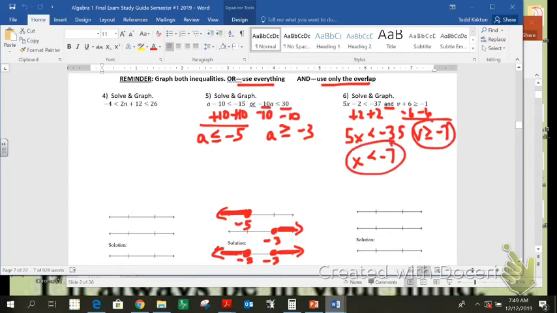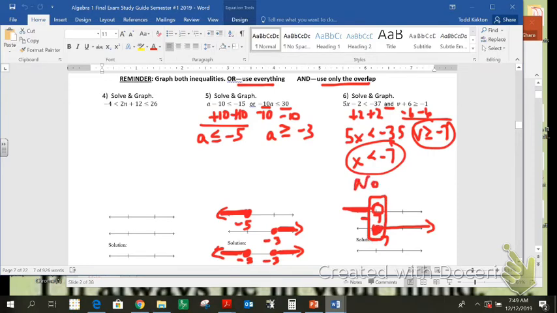So this is a tricky one. I only have negative 7. So I'm less than negative 7 this way, and I'm greater than or equal to negative 7 that way. So we're looking for where they overlap. Well, the only place they overlap is negative 7, but this one includes negative 7, this one doesn't.